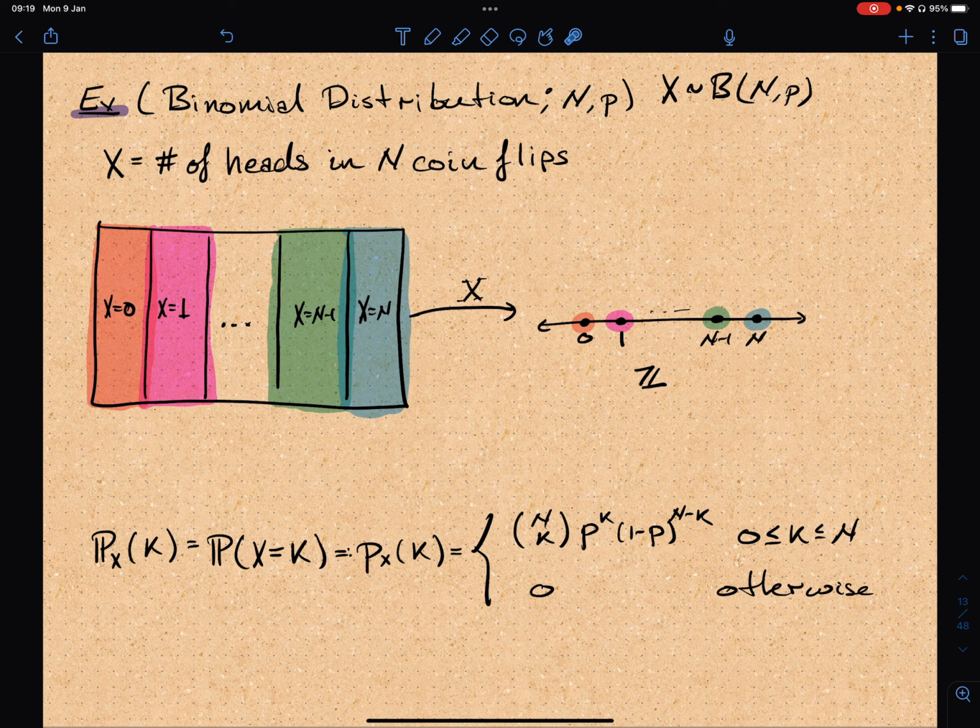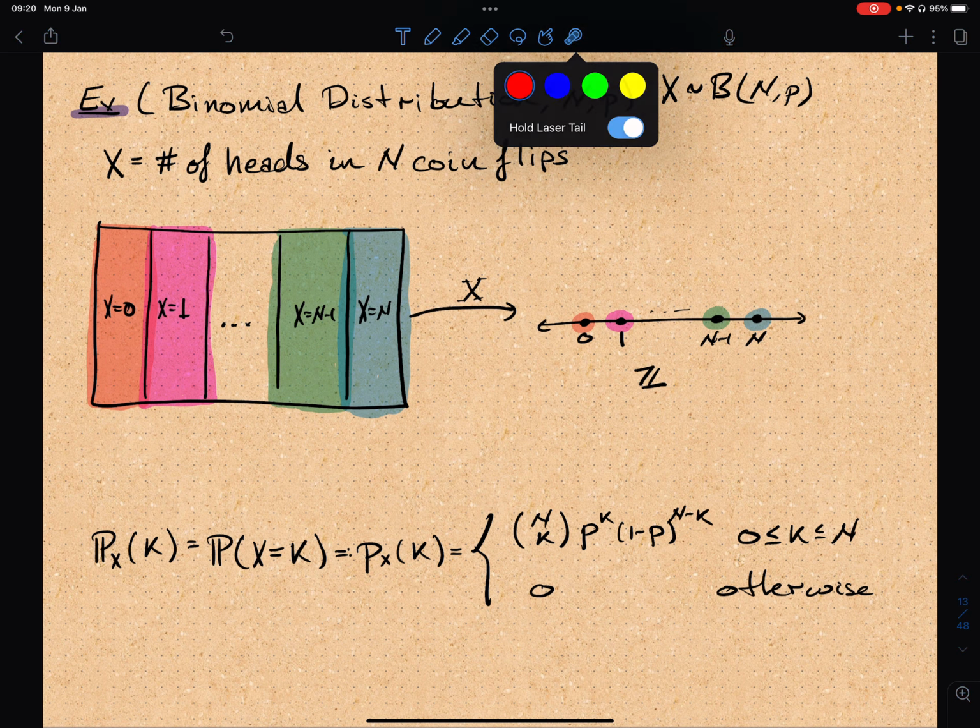So it's kind of like trying to go back and simplify the problem and abstract it to the simplest things. And a lot of times it's just coin flipping. So in here, for the binomial random variable, we're flipping n coins, and we're counting the number of heads.